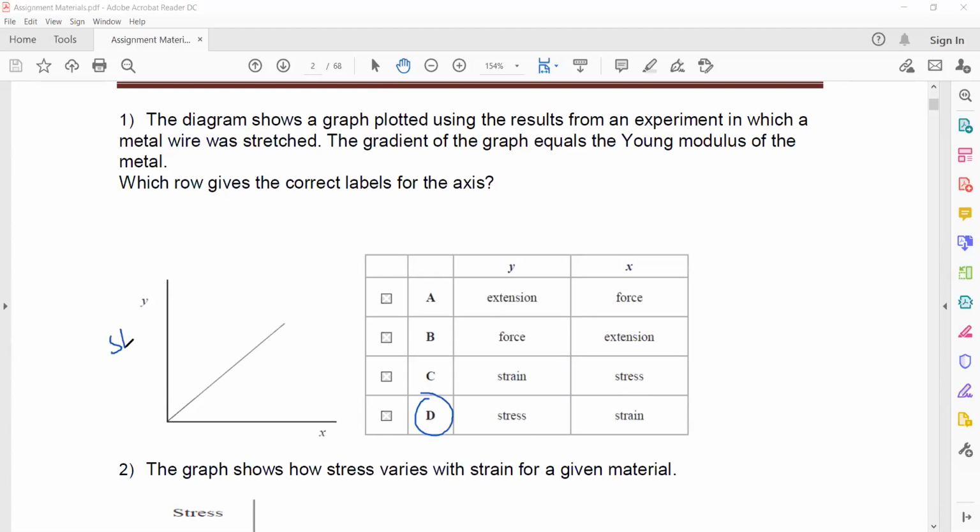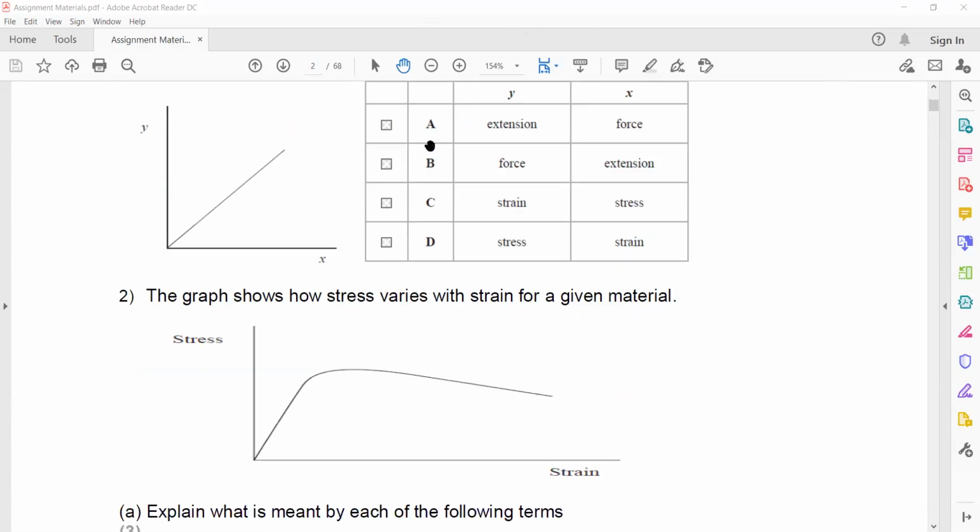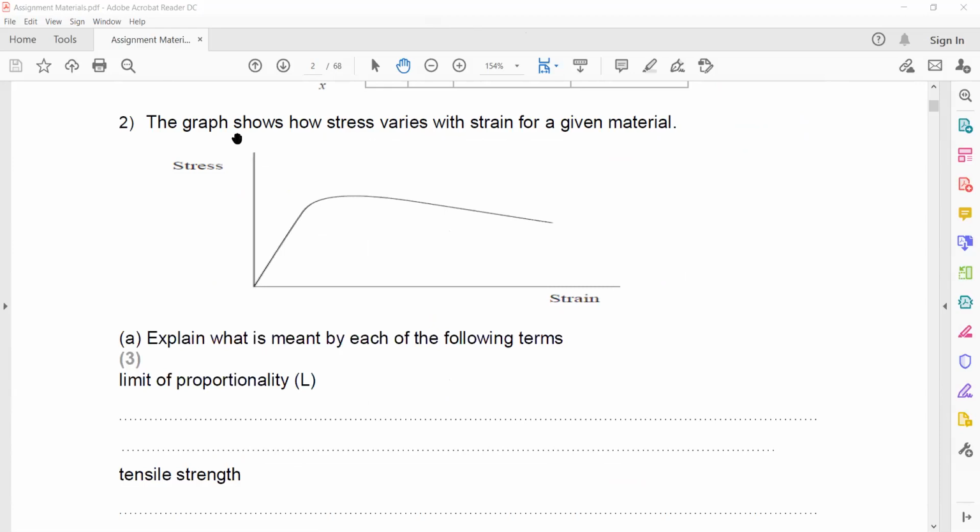Because in the stress strain graph, the slope, the gradient, represents the Young's modulus. The graph shows how the stress varies with the strain for a given material.